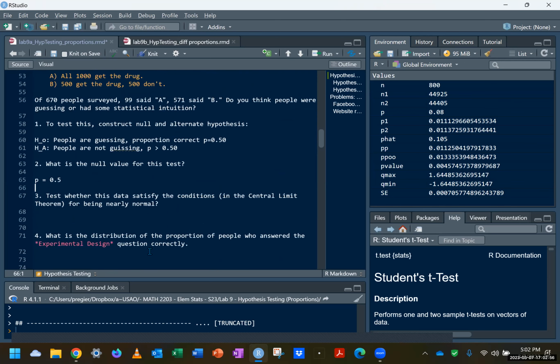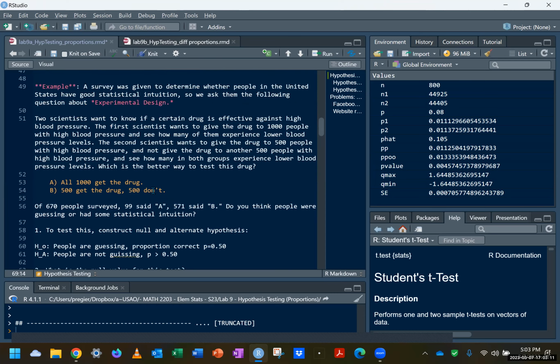So let's test. Now we have this information. We're going to use the central limit theorem to study the distribution of what this sample would have come from. What is the sampling distribution? So first, do we have independence? Let's see if it was given randomly. It does not say, but good experimental design would say it was random.